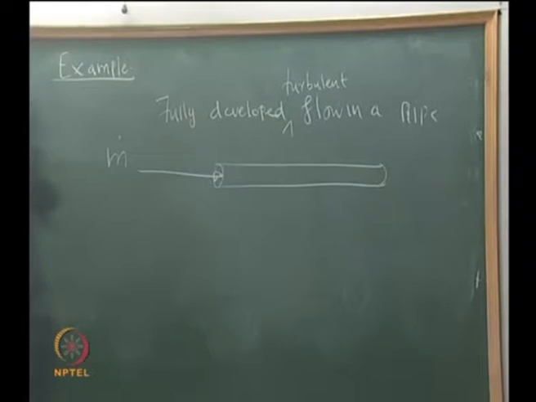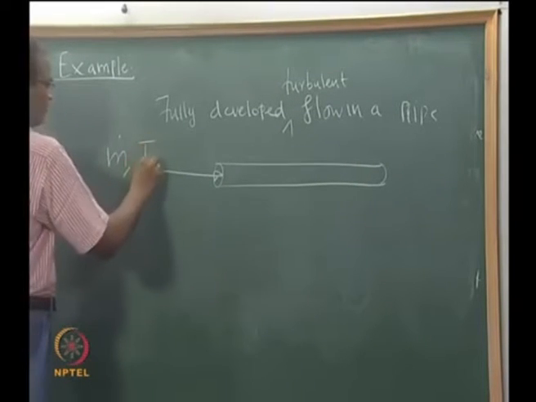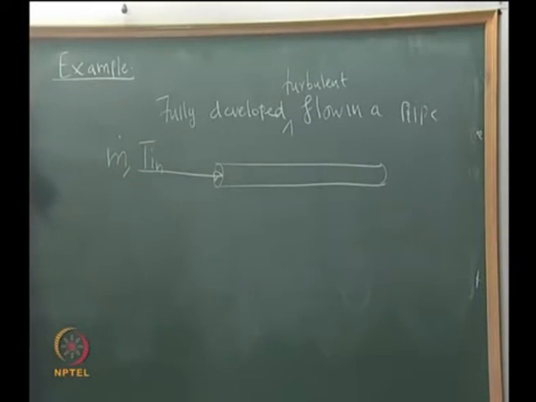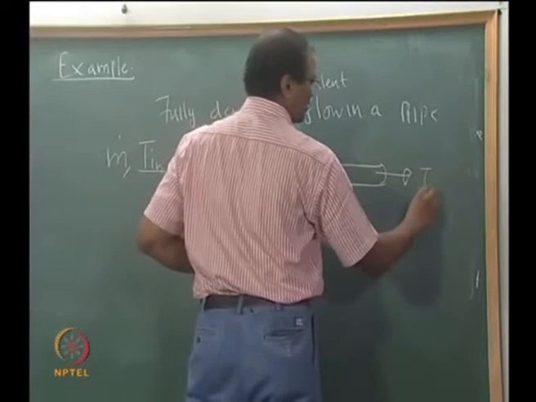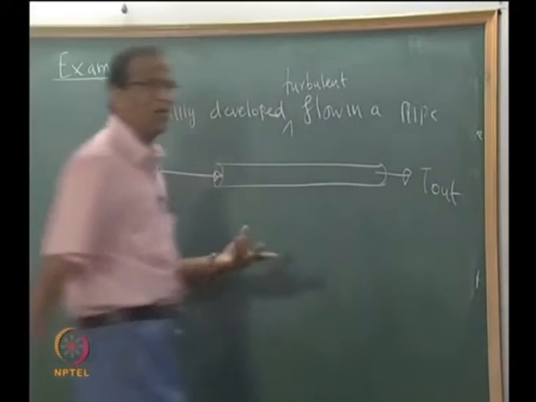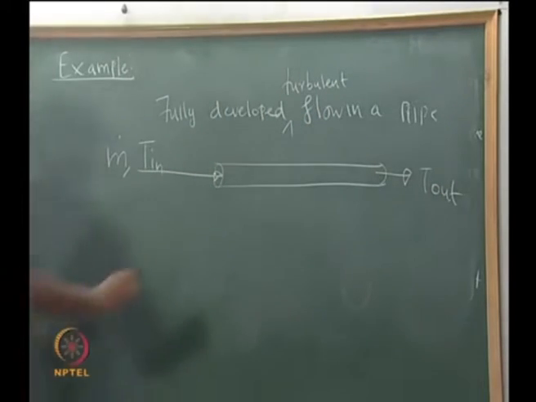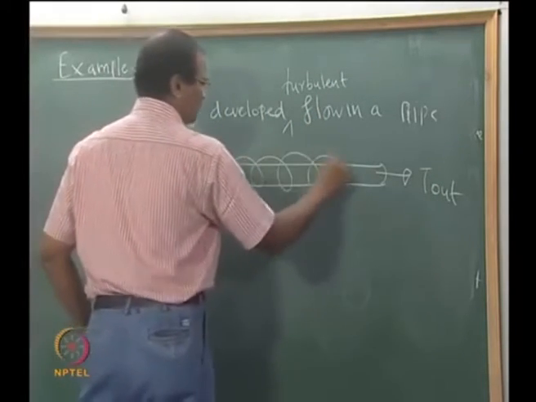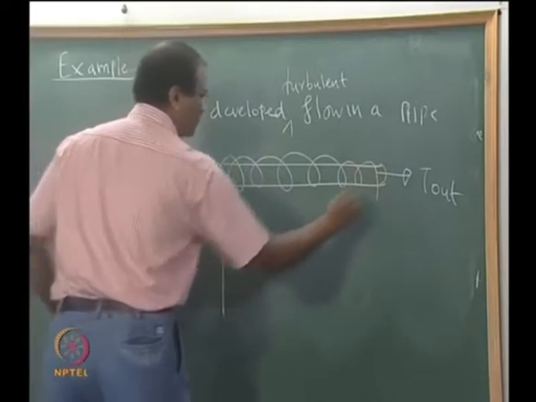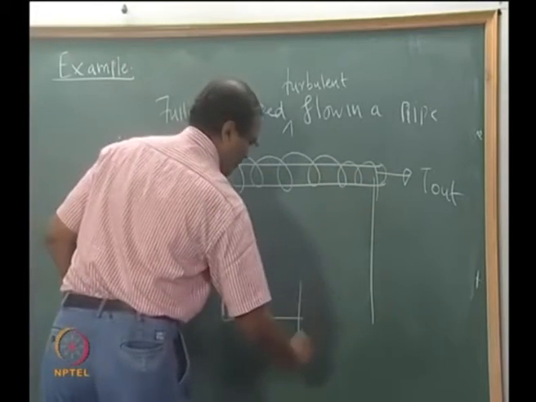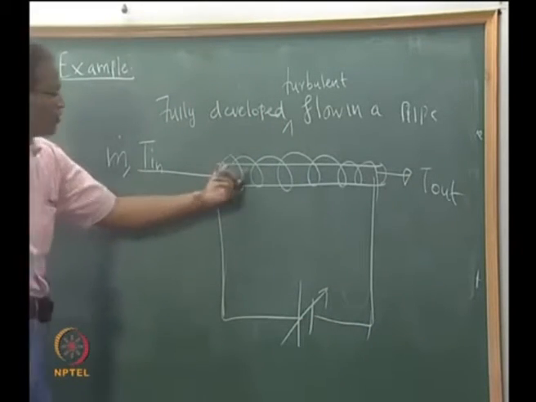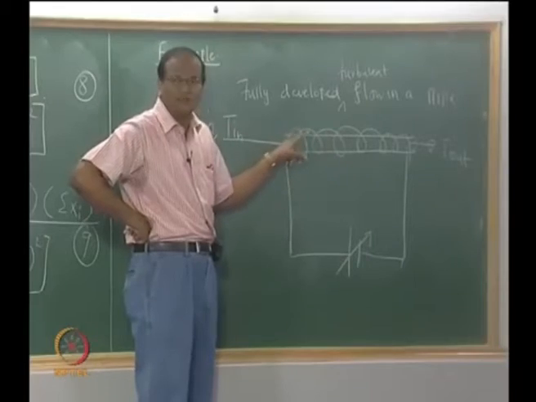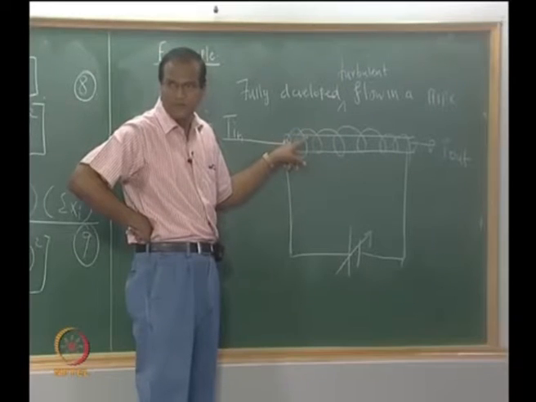I send water at the rate of m dot. I can measure the temperature at the inlet using a thermometer, thermocouple or what have you. Now I can wrap it up with the electrical heater. I can vary the power. It is also possible for me to individually control so that I have a constant temperature on the outside, correct.